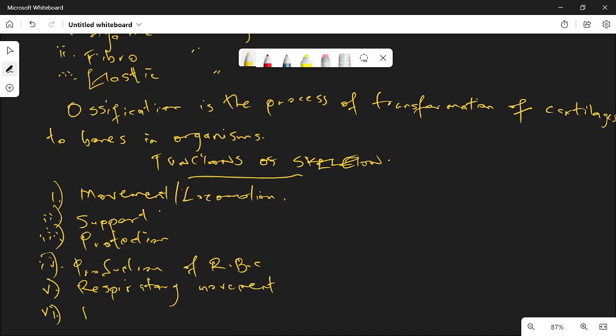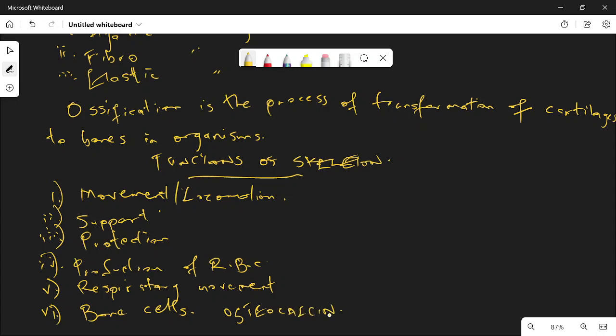And then bone cells, formation of bone cells. Bone cells formation is brought about by the action of a hormone called osteocalcin.